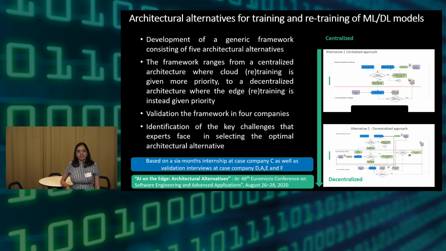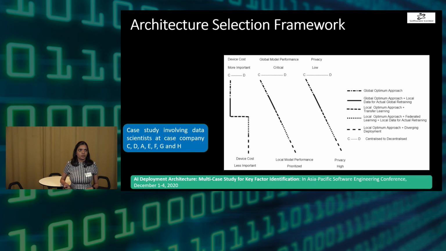And then, as I mentioned, with one of the software center companies, we did on-site research, and we figured out 5 alternative approaches for deploying models, whether on the cloud or edge, ranging from a centralized approach to a decentralized approach. As I already mentioned, you have lots of opportunities to deploy your model either at the cloud or at the edge.